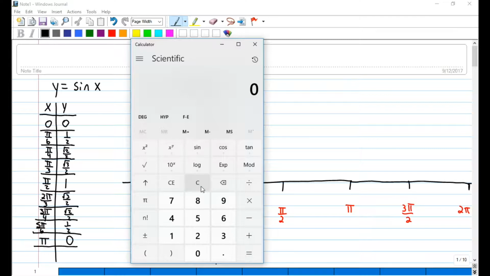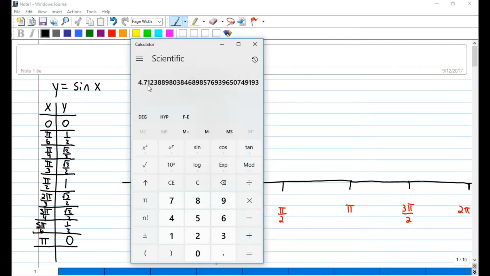All right. What about pi? We know that's about what? 3.14, right? And that's 3.14 units. What about 3 pi over 2? Let's get a guesstimate of that. 3 times pi, divided by 2, equals about 4.71.